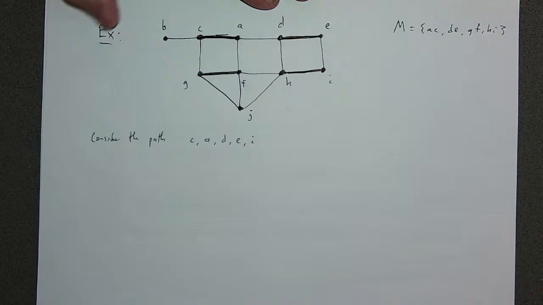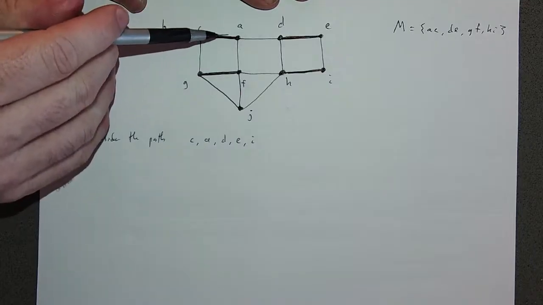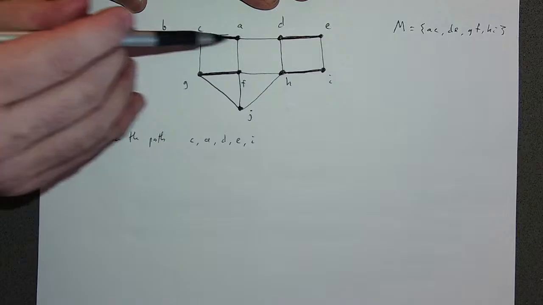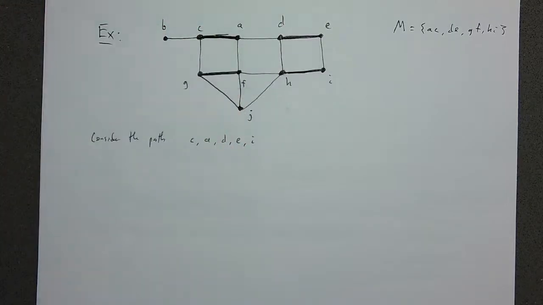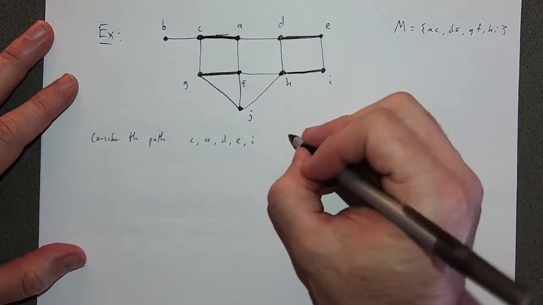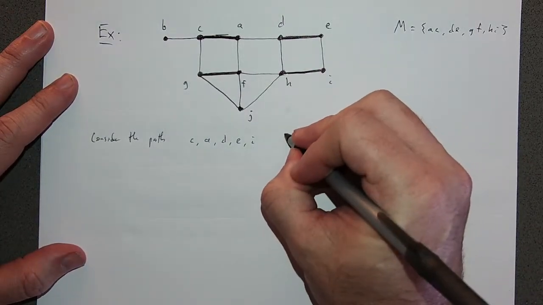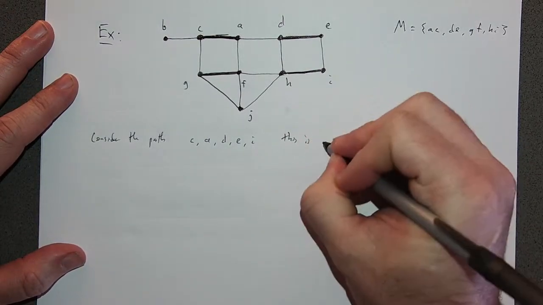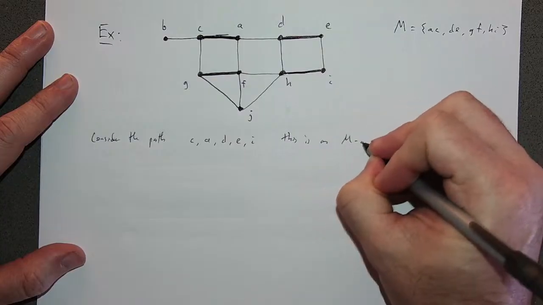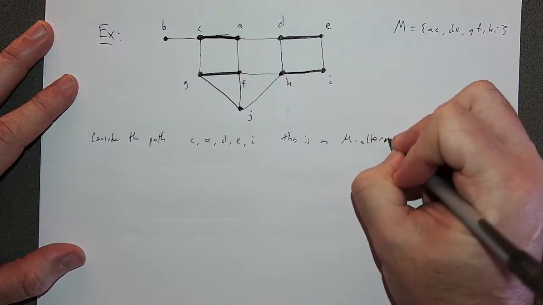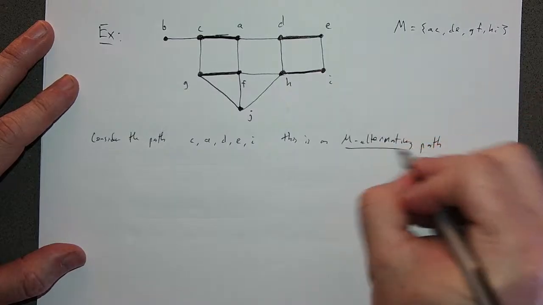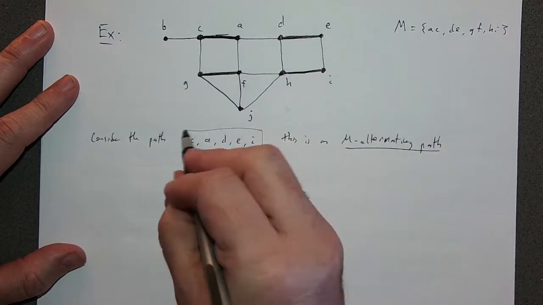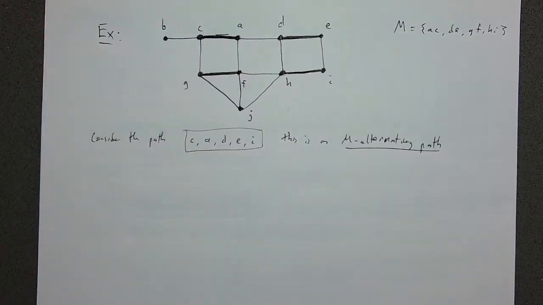Okay. But this first edge is in M, not in M, in M, not in M. So this is an M alternating path. So this example is an M alternating path. Now, quickly, if I ask you, is this M augmenting, according to our definition?